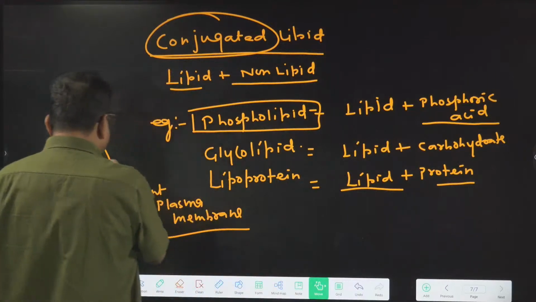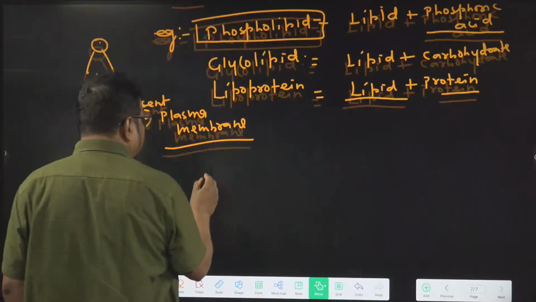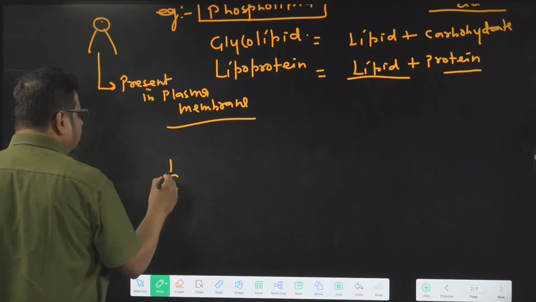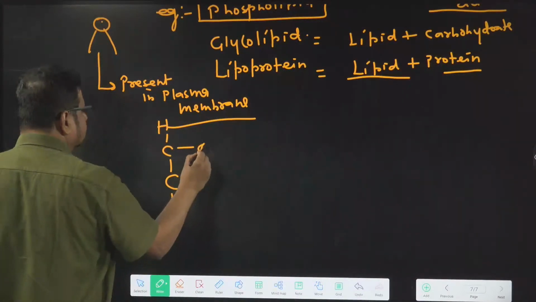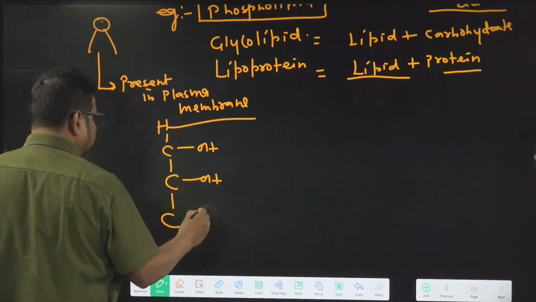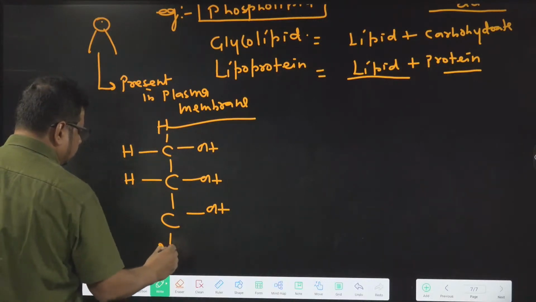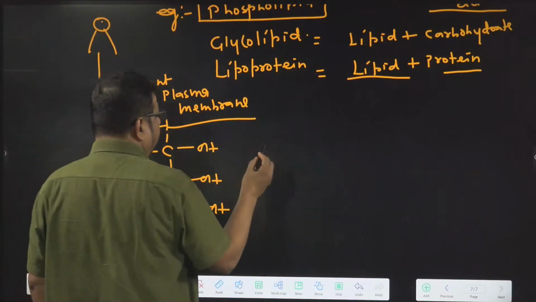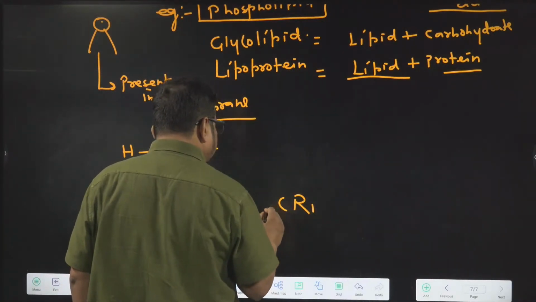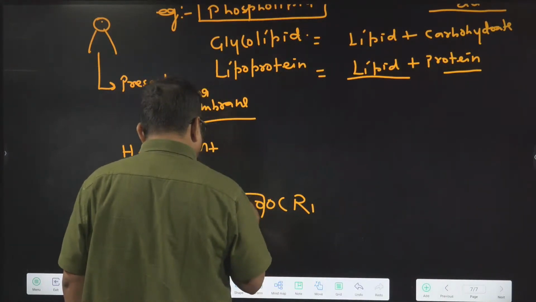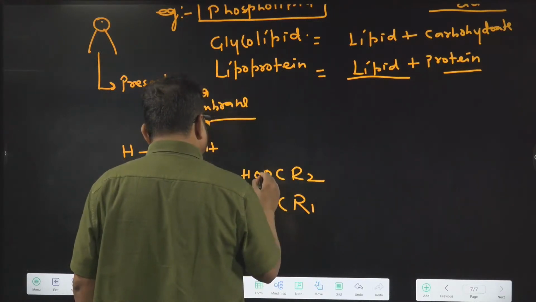If I draw the structure of phospholipid, how to draw it? I am drawing the structure. Look here, how the phospholipid is forming. Here it is glycerol. And when this glycerol joins with fatty acid, look here, R1 COOH, ester bond, R2 COOH, ester bond.